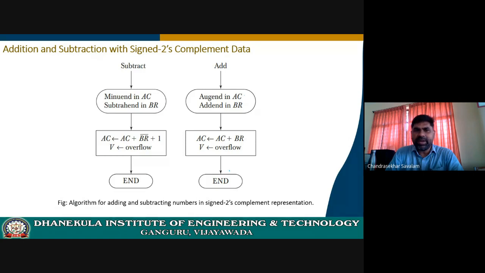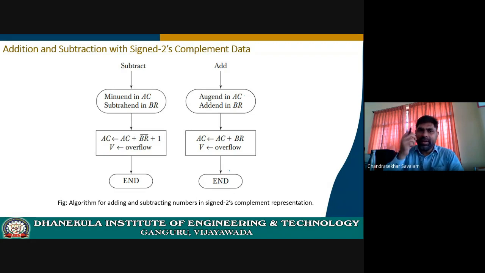In addition and subtraction, you have two methods: first, sign magnitude addition and subtraction, and second, 2's complement addition and subtraction. We have discussed the algorithms, the hardware implementation and the flowchart for sign magnitude as well as 2's complement.